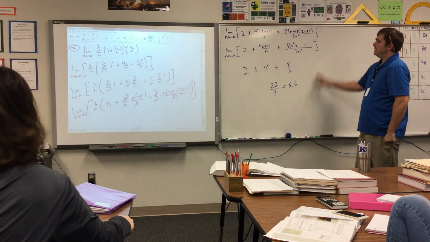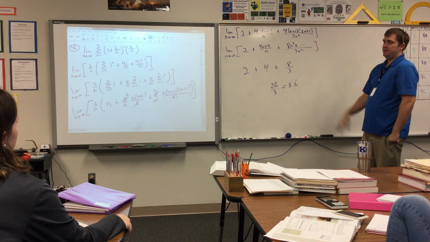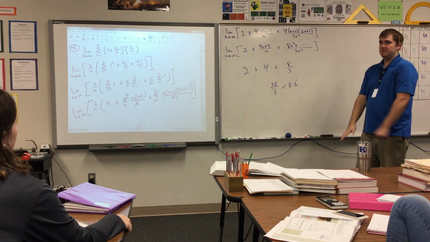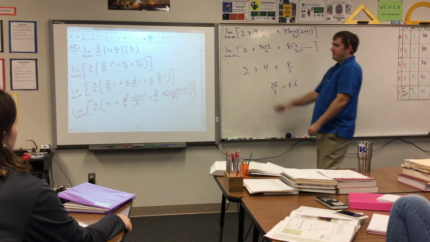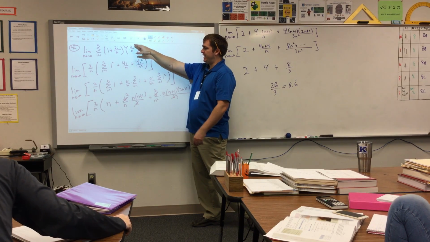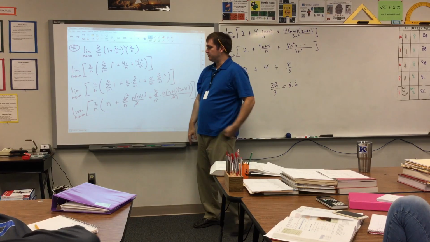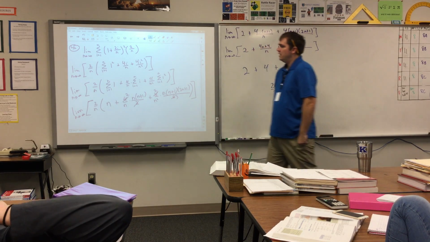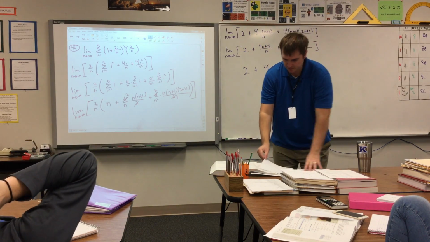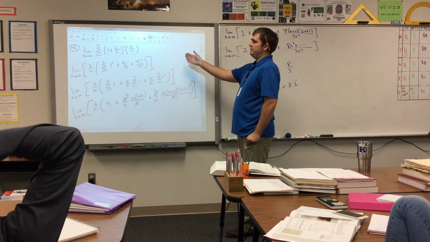All right, congratulations. You have just added up an infinite number of things. Or more technically, you've looked and seen the pattern: if you were to add up more things and more things and more things, what is that approaching? Those are the skills you need in order to solve the limit of a sum.